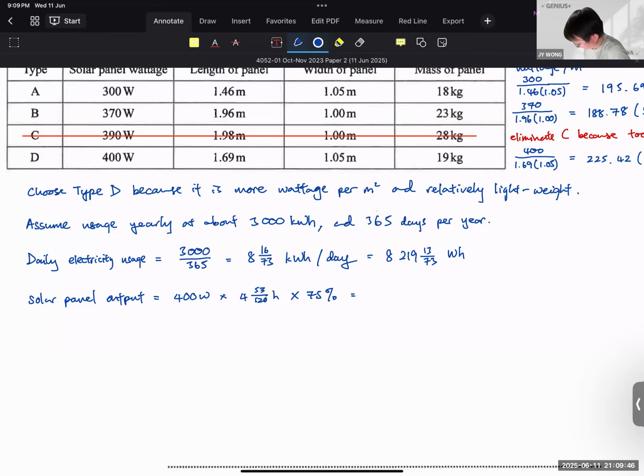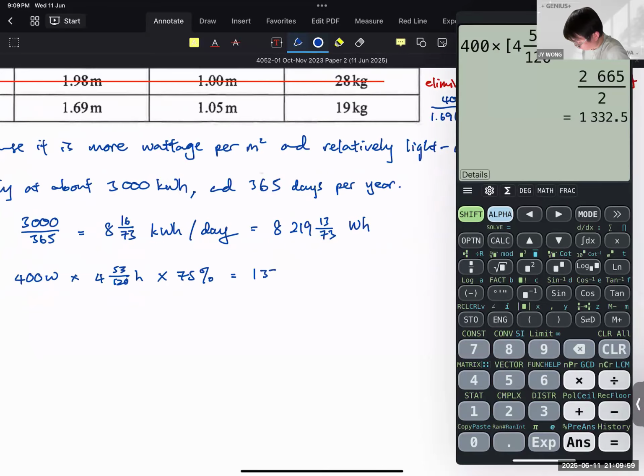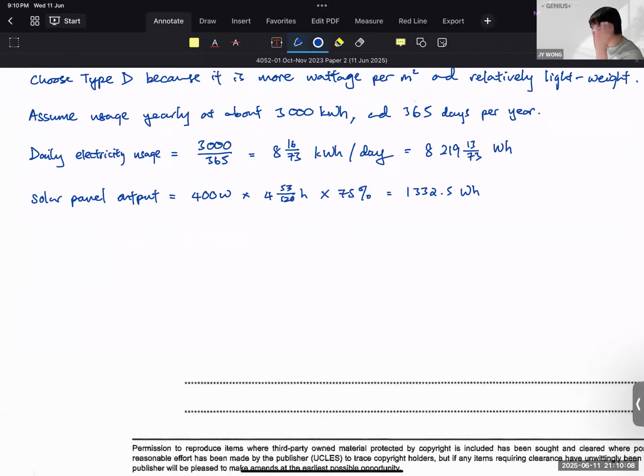And that will give me 1332.5 watt hours. So one panel has an output of 1332.5, but my daily usage is 8,219, 13 out of 73.